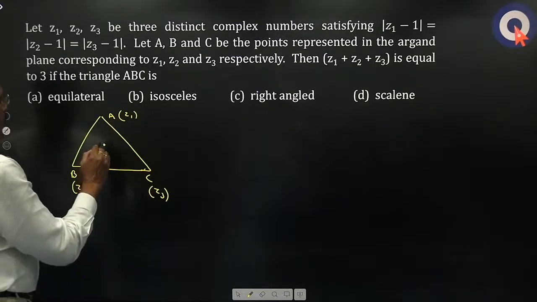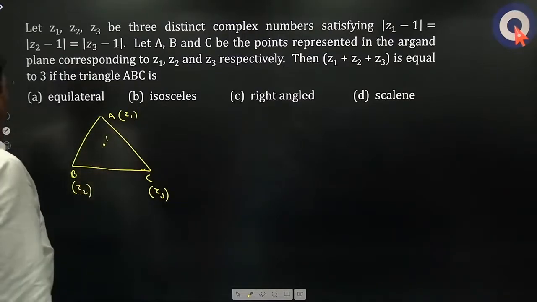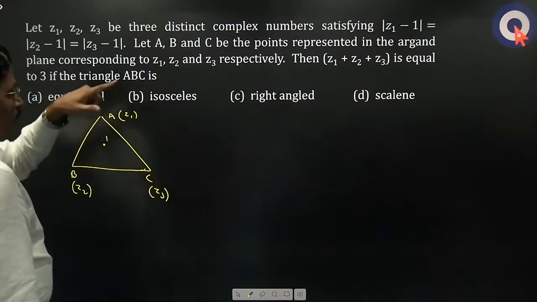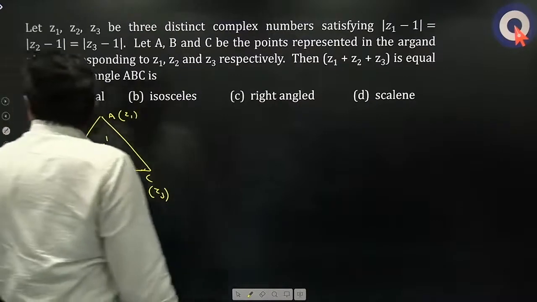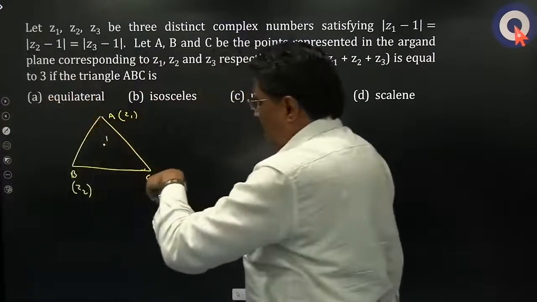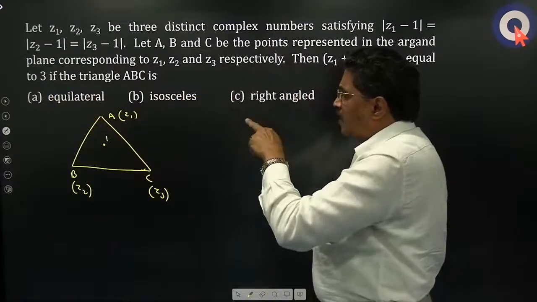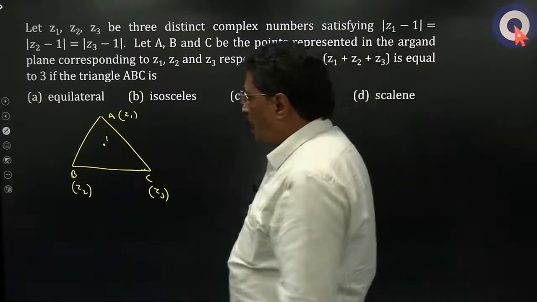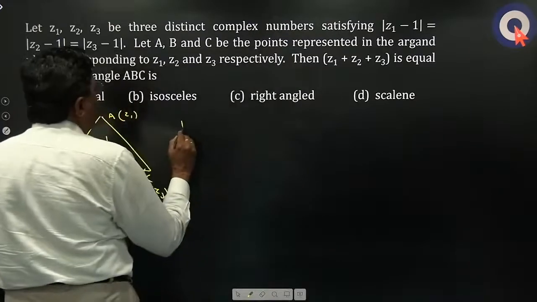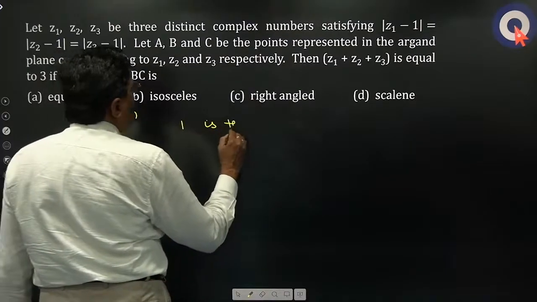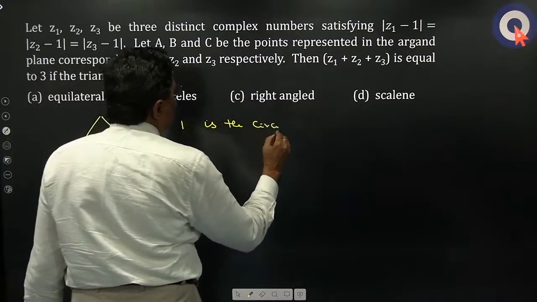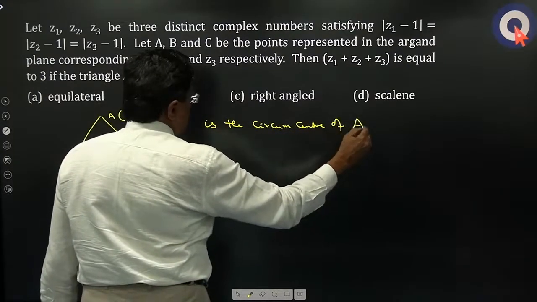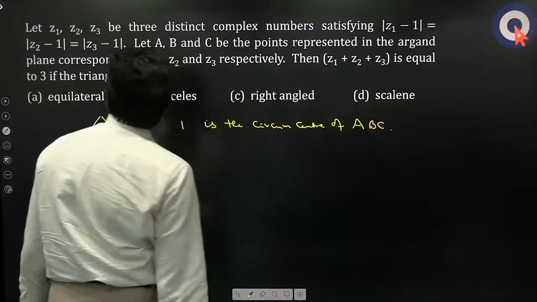And there is a point 1, let us say. Now it is given the distance from Z1 to 1, that is mod Z1 minus 1, is equal to the distance from Z2 to 1, that is mod Z2 minus 1, and the distance from Z3 to 1, that is mod Z3 minus 1. These three are the same. So obviously 1 is the circumcenter of ABC. All right.